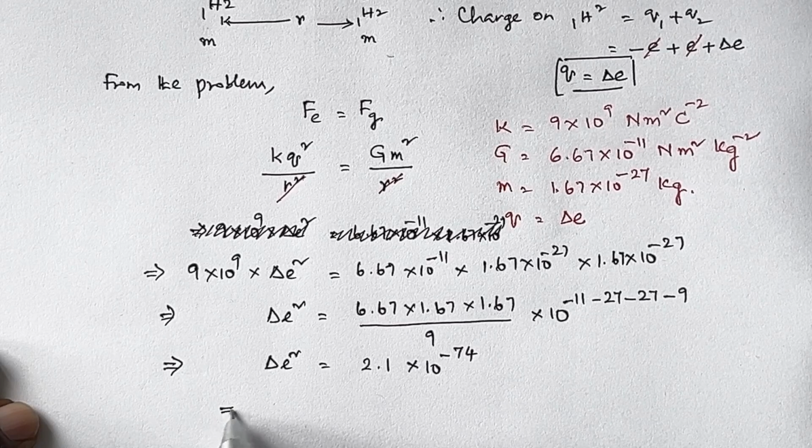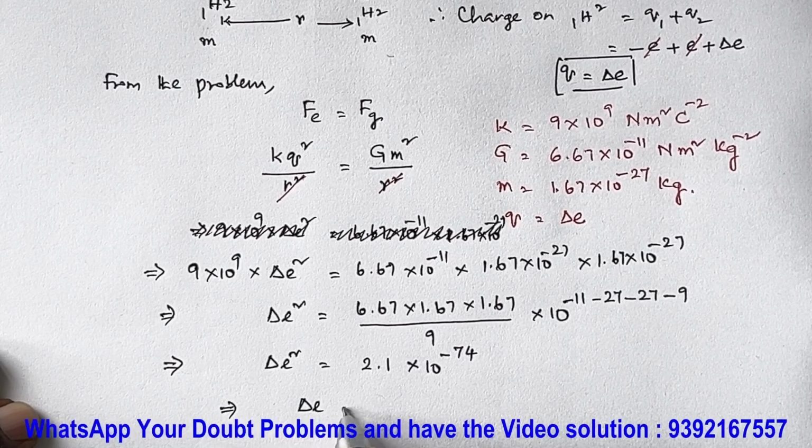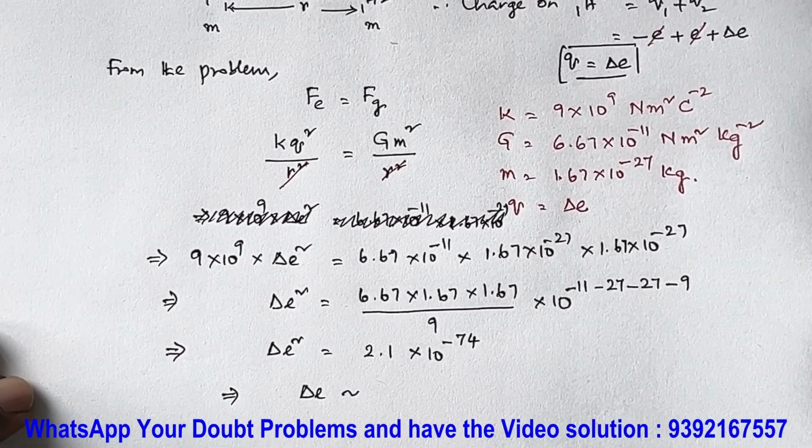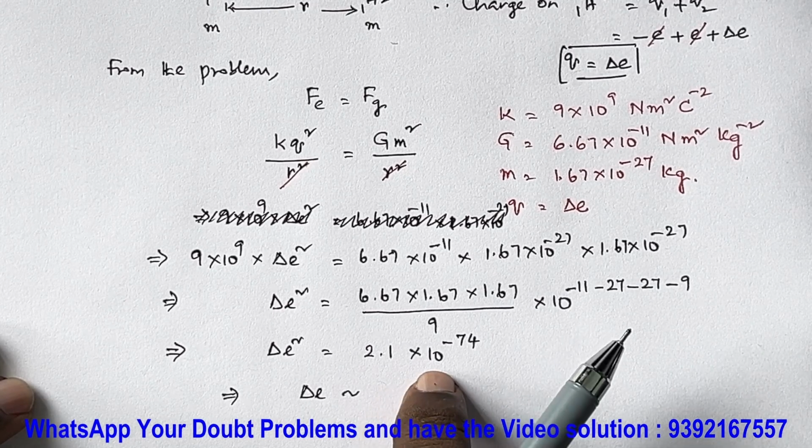So delta E is order of, I will write like this, order of, only 10 powers I will consider, because root 2 is around 1.14, like that it comes. So only 10 powers we need.